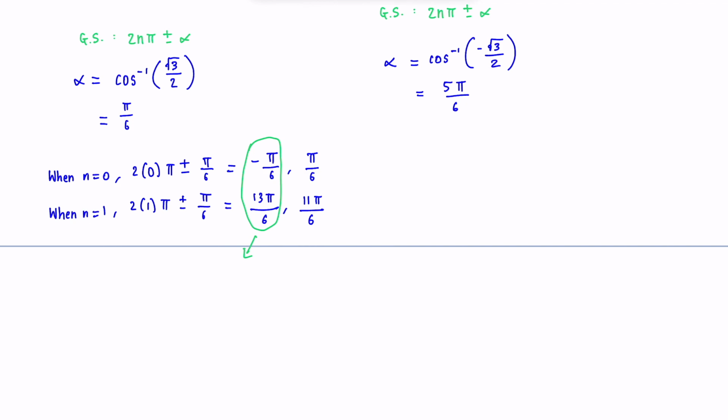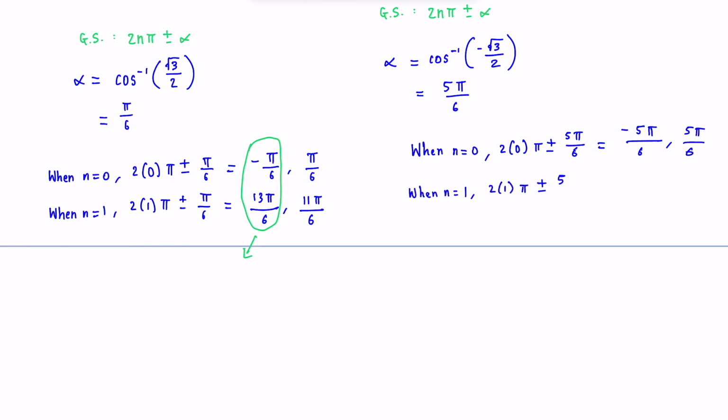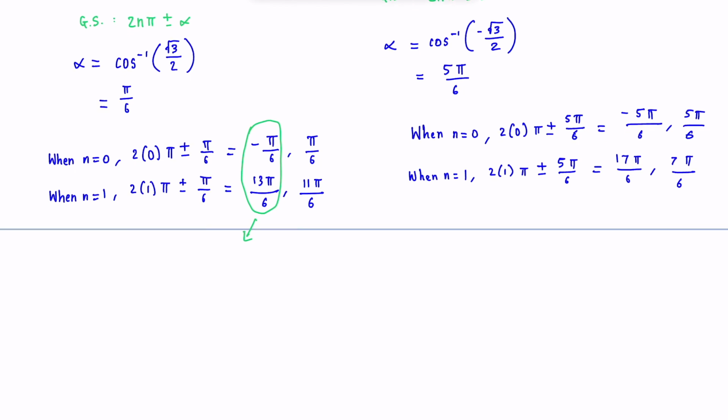And let's just do the second one as well. So let me start substituting here. Now we have all these values and we notice that these here do not satisfy our criteria. These and these.